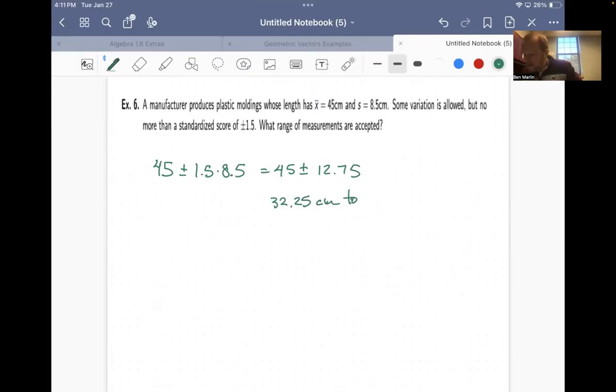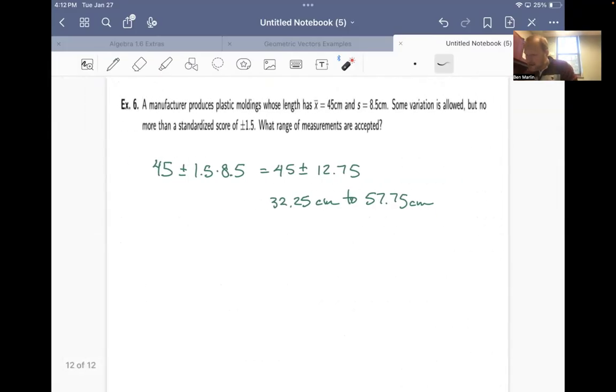And when you add, it's going to be 57.75 centimeters. So when somebody is sitting on the production line there, they'll have a little measuring device that they will check the length of these moldings on. And if it's 60 centimeters or more, they have to toss it out. If it's 32 centimeters or less, they have to toss it out. So they're only allowed to accept things that are between those two measurements. Okay. And I believe, yep, that is the end of these.